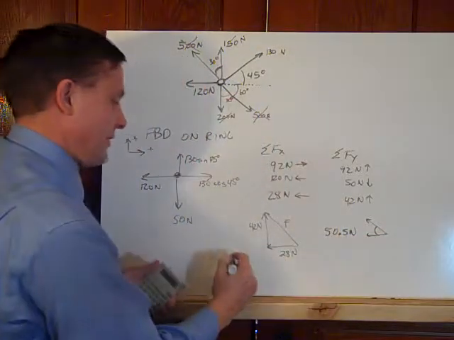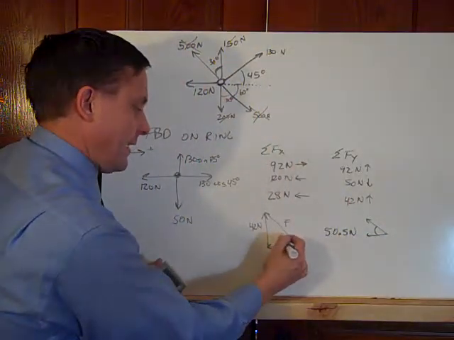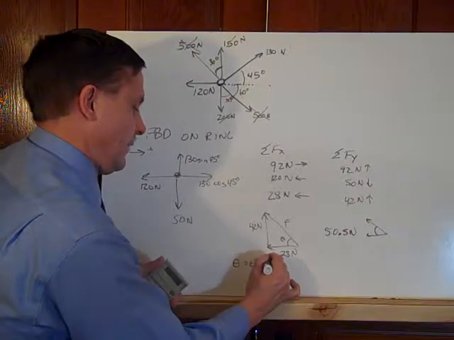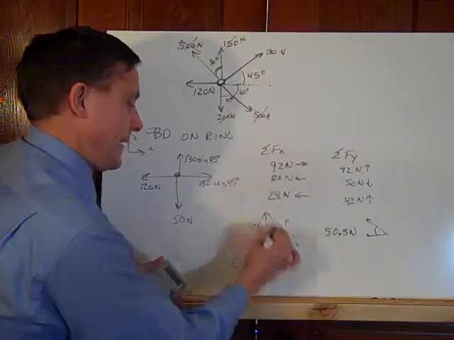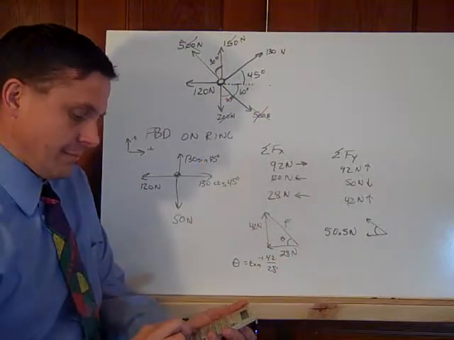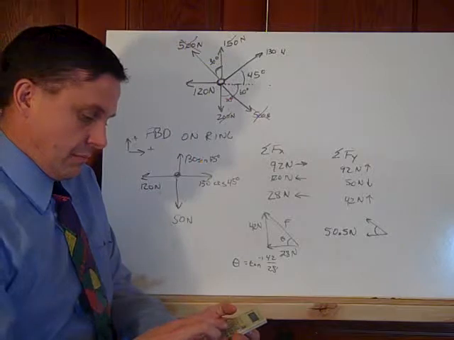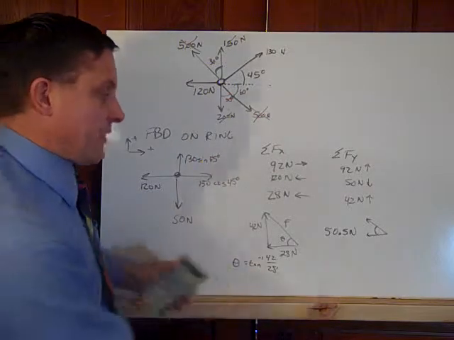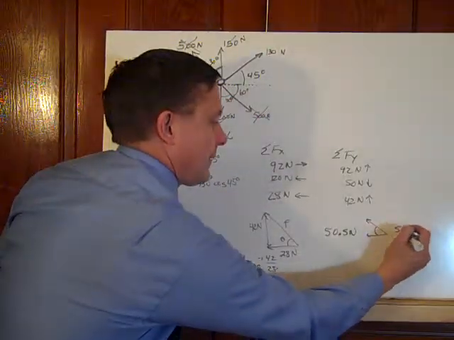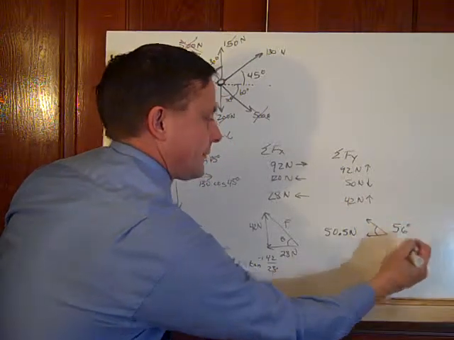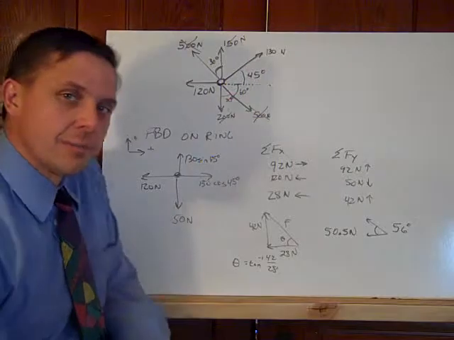I just need to know the degrees, and this time I'll call it theta. Theta is the inverse tangent of 42 over 28, opposite over adjacent. And I get 56.3 degrees, which I'll just round to 56, to the nearest degree.